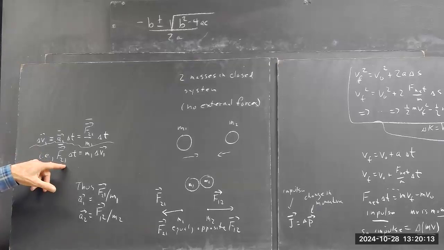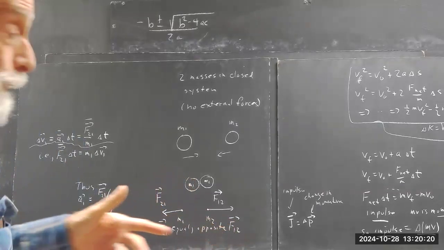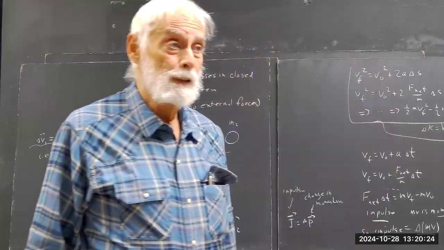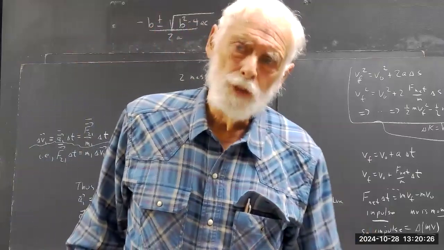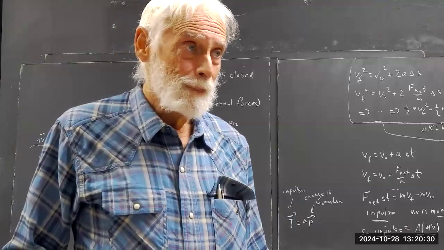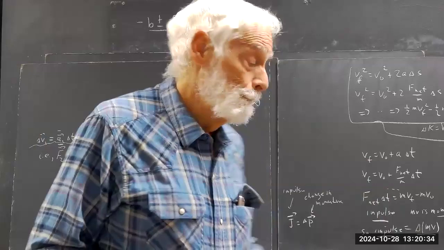Okay. What's this? What's F bar delta T? It's an impulse, isn't it? We just defined impulse. It just comes right out of equations of motion. Now, the formal derivation of impulse involves integrals. It's not that much harder, but we're not going to do that right now. Okay.